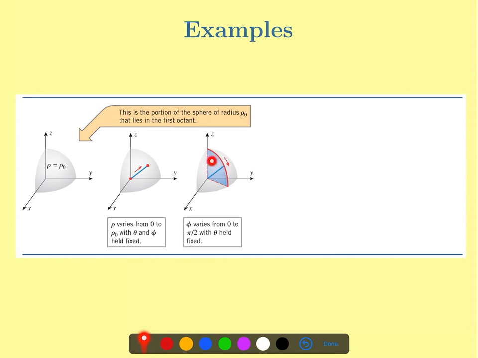And now we want to imagine turning this around, starting at the xz plane. Theta goes from 0 there all the way to the yz plane, where theta is pi halves. In the xy plane, you can think of the shadow of this as a quarter of a circle. Theta starts out at 0 here and goes to pi halves.